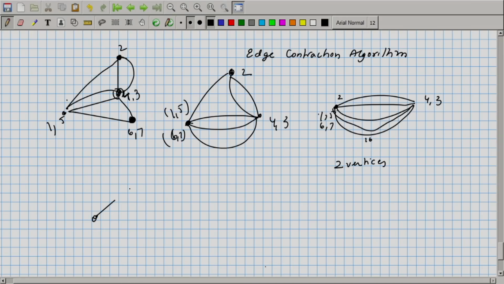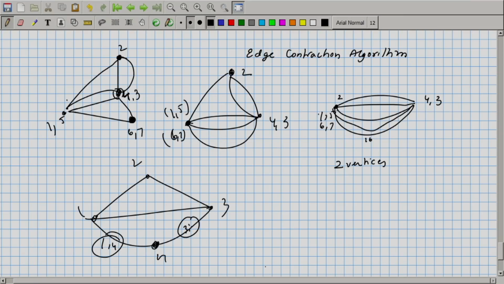At that point, we look at all the edges. We could, for each edge at the start itself, associate the name of the edge. For example, let us say this was our graph, we could call this edge the 1,4 edge and label it, and this the 3,4 edge.